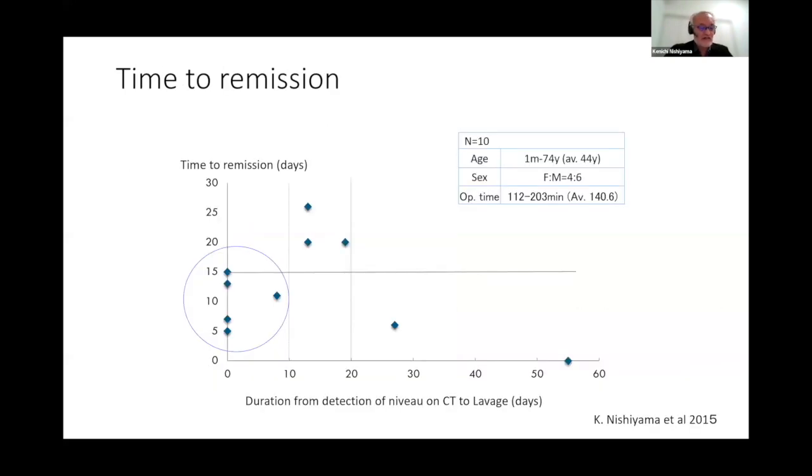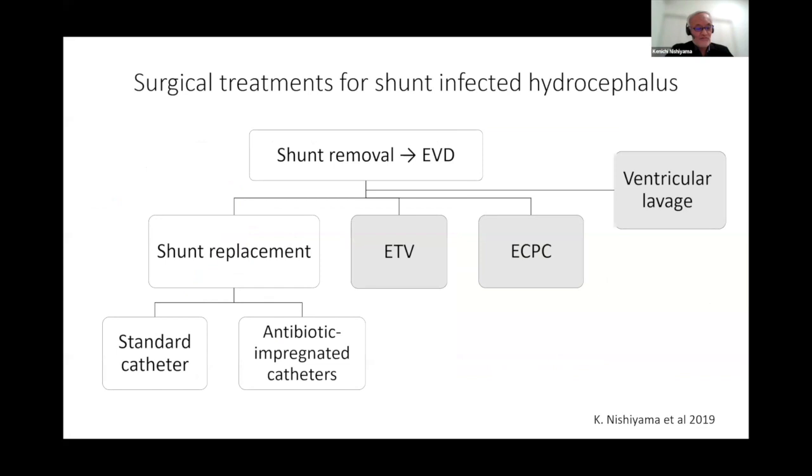According to our data, early indication of lavage reduces the time to remission. Since endoscopic ventricular lavage is effective, I think concurrent endoscopic CSF lavage and CPC could be one of the choices for treatment of refractory shunt infection. It will be the alternative to the replacement of antibiotic-impregnated catheters or ETV alone.